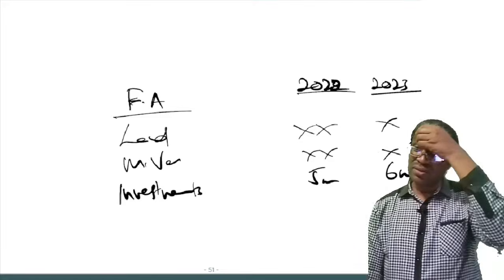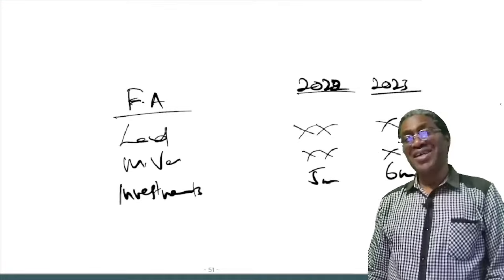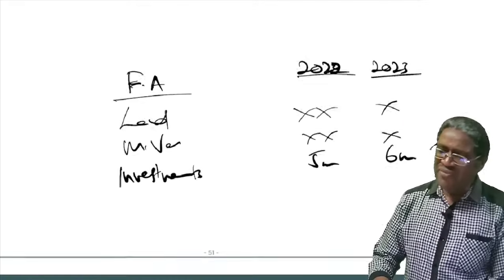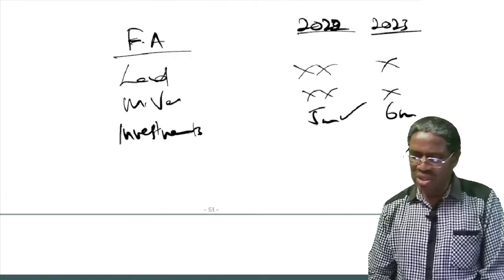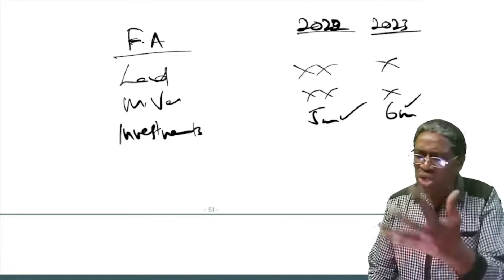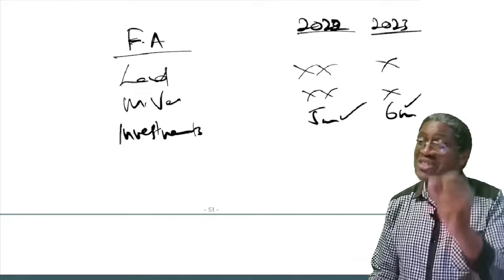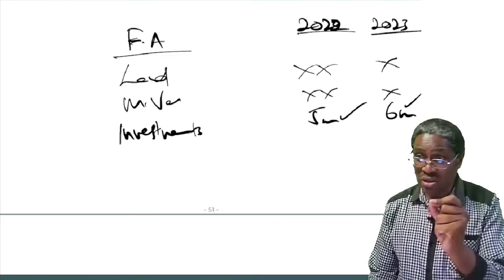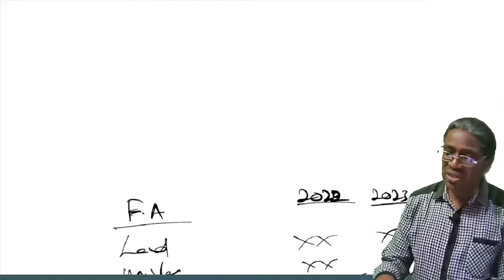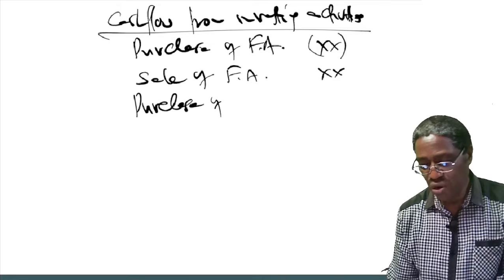Now again, investment is in the balance sheet as a fixed asset. So if our investments last year were 5 million and our investments this year are 6 million, then you could have purchased some more investments. So even investments that are in the balance sheet as a long-term asset or a non-current asset should also be considered as an investing activity. So maybe we come and say a purchase of investments.